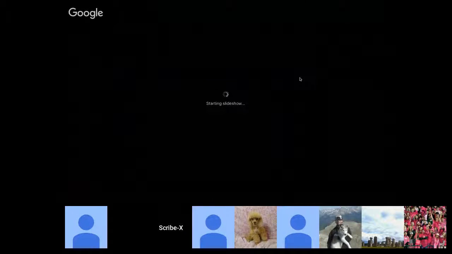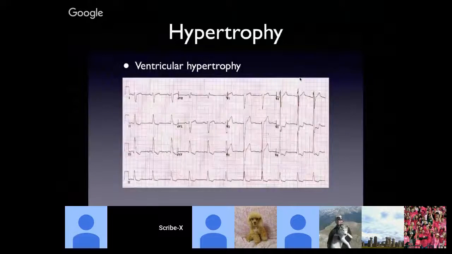So the size of these various waves, P wave, QRS, these various morphologies, is determined by how large these structures are. So you can imagine that if you have big, chunky, muscular atria, your P wave will be big.